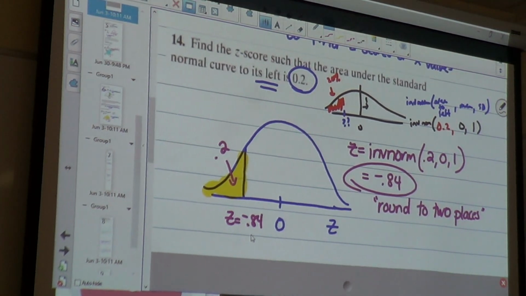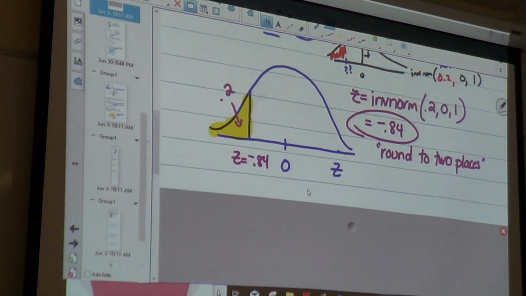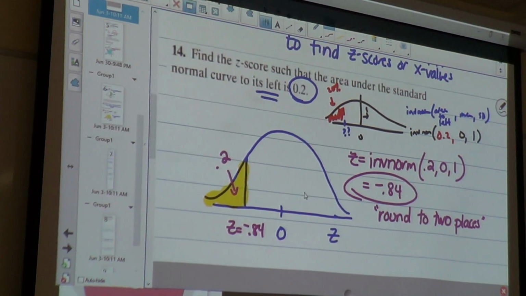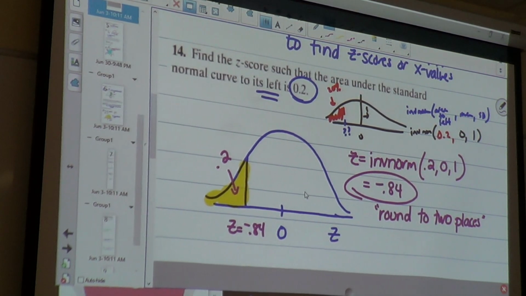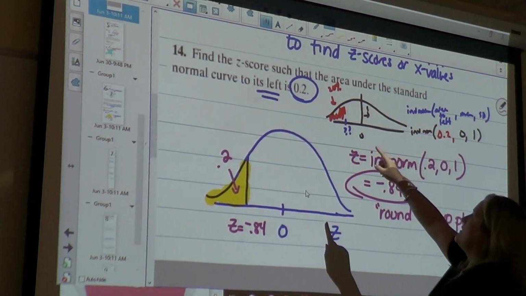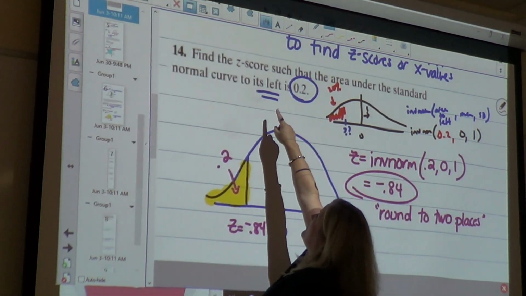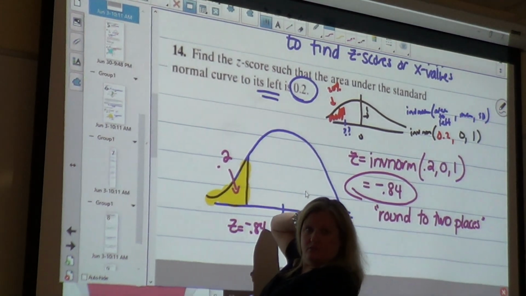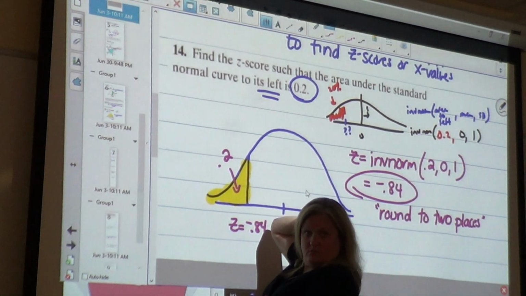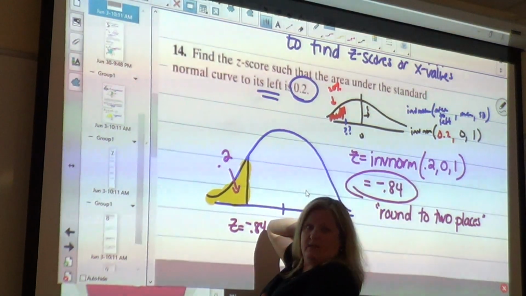All right, let's do another one. On that one, the 0.2 goes right there because it specifically says it's left. Okay. It said the area to the left is 0.2. Because originally I wanted to put it to the right because it was positive. Right.